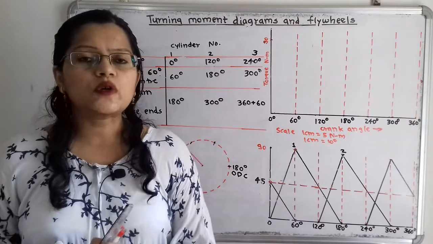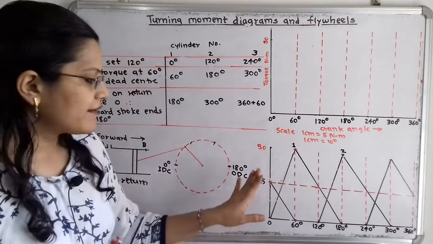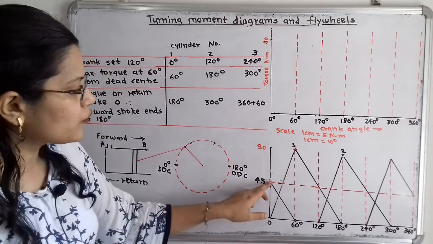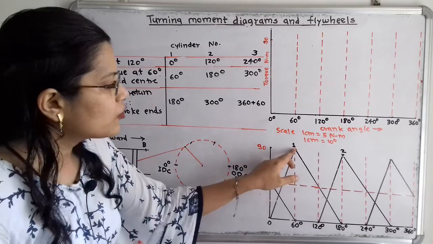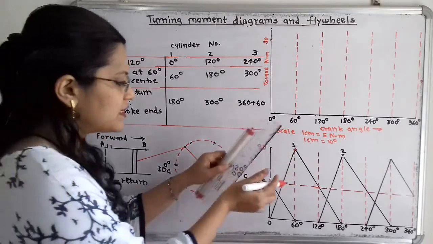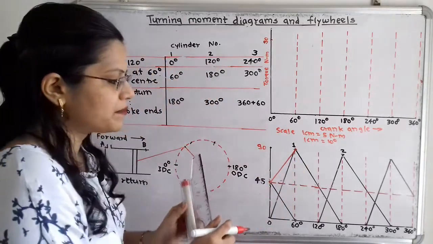Now we have to draw the resultant torque crank angle diagram. So this is the point at 45 Newton meter. We have to join this point to the point at 90 Newton meter for cylinder 1. I will join this with the help of a red marker.